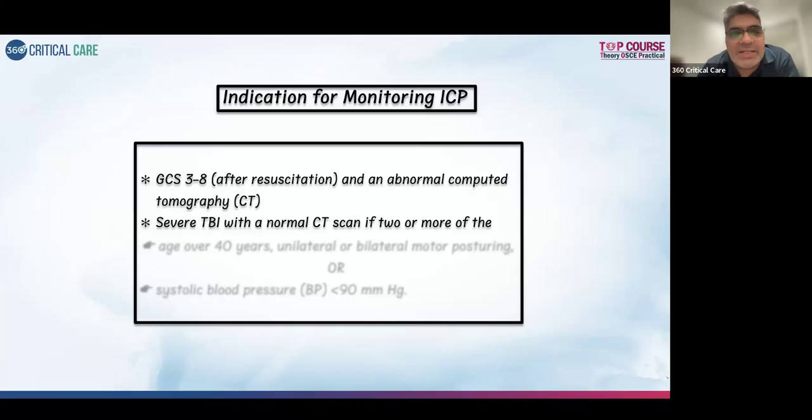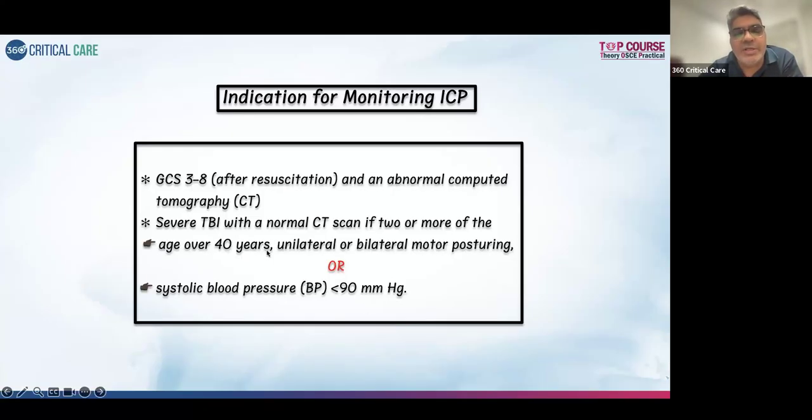But if the patient has a severe TBI with a normal CT scan, in that case, they need to have two or more of these: age over 40 years, unilateral or bilateral motor posturing, and systolic blood pressure less than 90. So out of these three, two have to be satisfied if the patient has a normal CT brain after a traumatic brain injury, or GCS of 3 to 8 with abnormal CT scan.